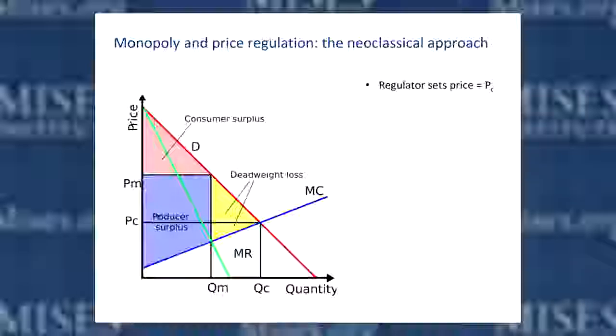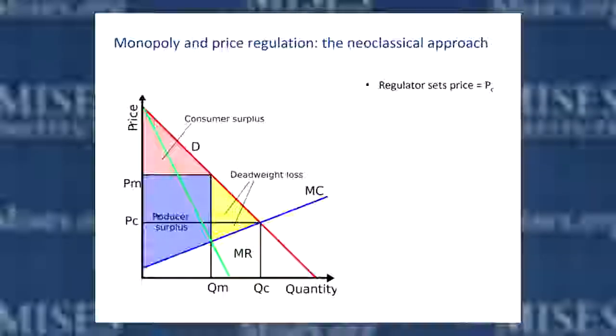Right? So that price quantity pair, PC and QC, is the price and quantity that would obtain under so-called perfect competition. And therefore, you can keep the monopolist there, but just say, hey, we legally force you to act like a perfectly competitive market.